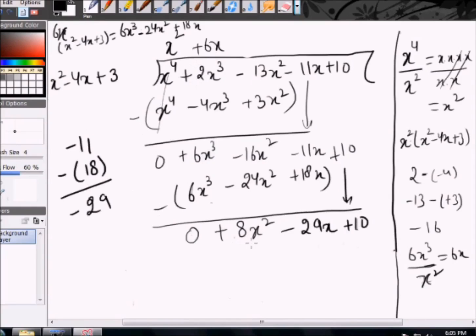Now divide the highest degree term of the new dividend with the highest degree term of the divisor. We get 8, which is the next term of the quotient. Multiply 8 by the divisor, we get 8 into x square minus 4x plus 3, which gives us 8x square minus 32x plus 24.